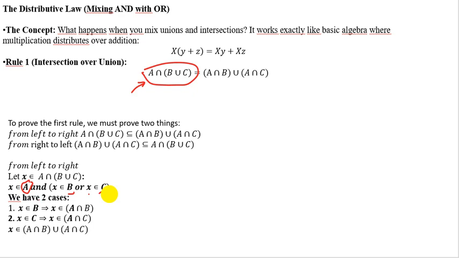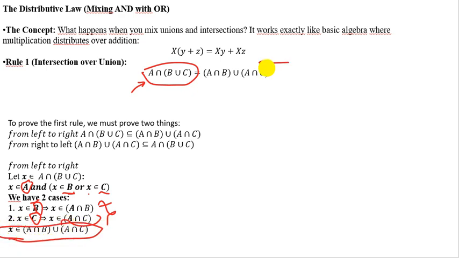So if it is in B, that means x is in A and B, because it is in A in all cases. But if x is not in B, that means it is in C, because we said it is in B or C. If it is in C, that means it is in A and C. So x is in A ∩ B or in A ∩ C, and exactly that's what we want here.